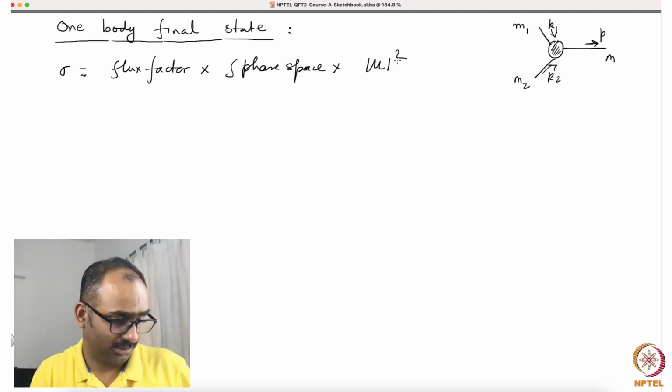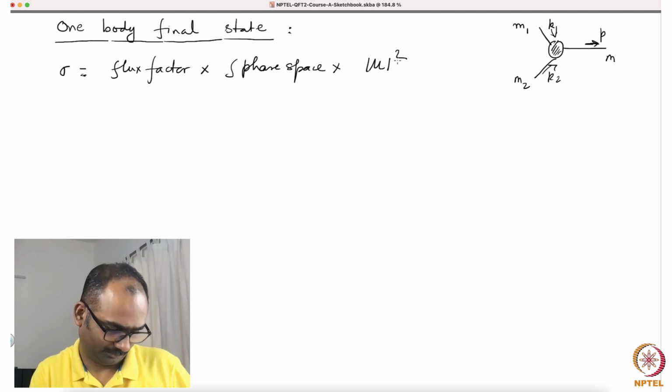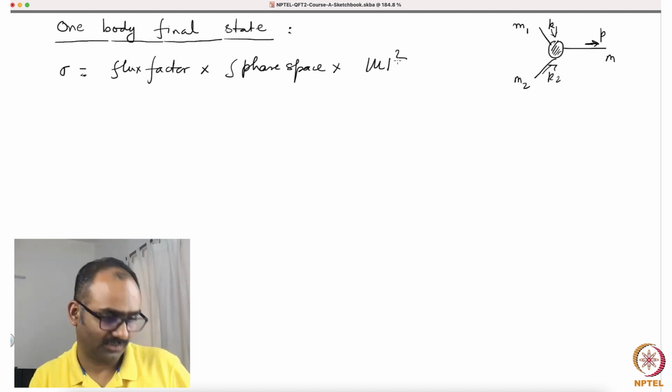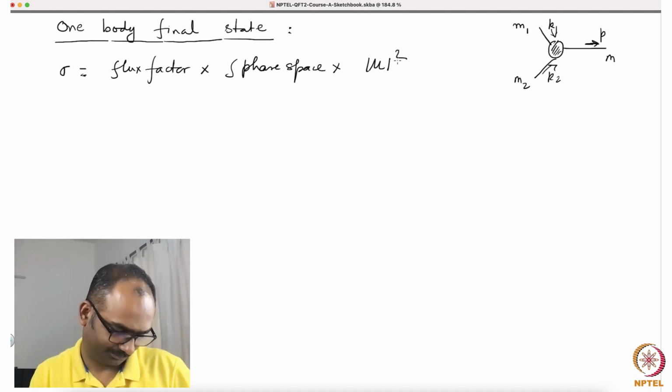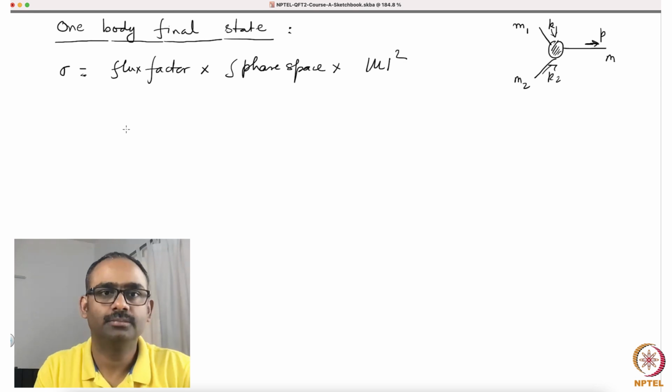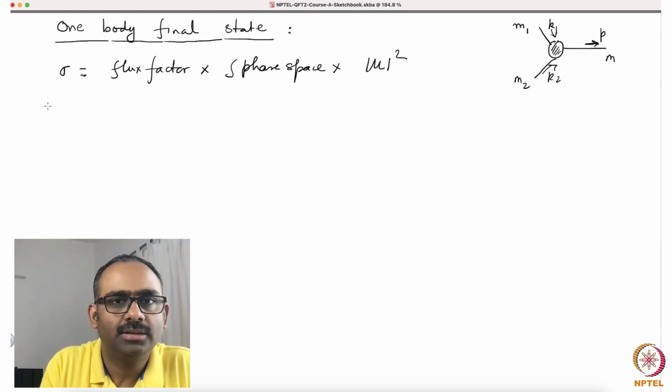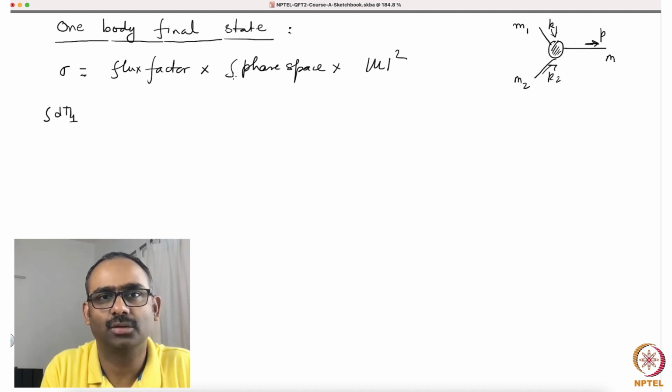So let's do the phase space first. Let's write it as d pi 1. That's just the notation for this thing; 1 stands for one body final state.